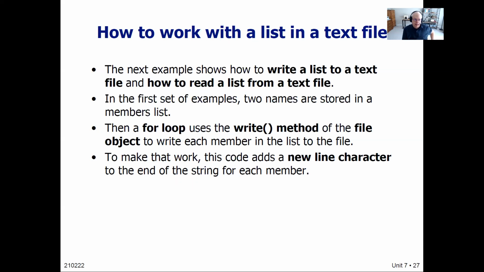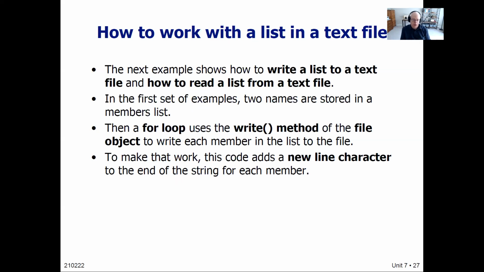So our next example is going to show us how to write a list to a text file and how to read the list from a text file. And once again, I think you're going to see a for loop really makes this easy, because a for loop is going to use the read line method by default. And so we can just be busy about our write method or append or whatever we're going to do, okay?